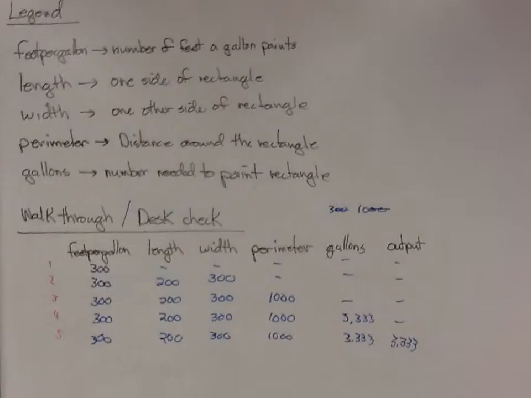This part today, here's the legend. We specifically explain what each variable is, so there's no confusion. Legends can be put into your code. If they're really self-explanatory, you might be able to omit that.